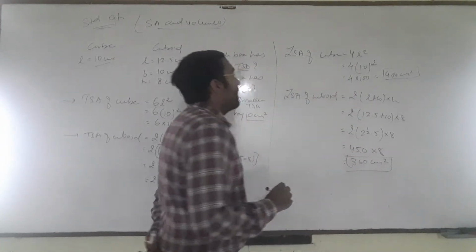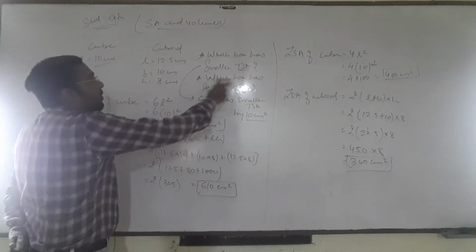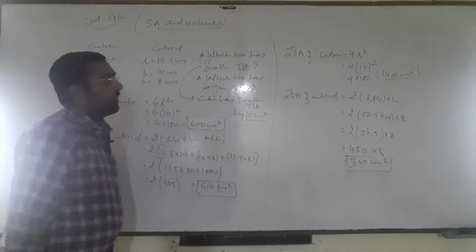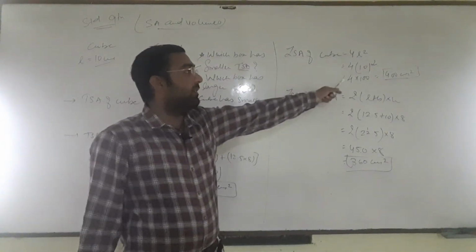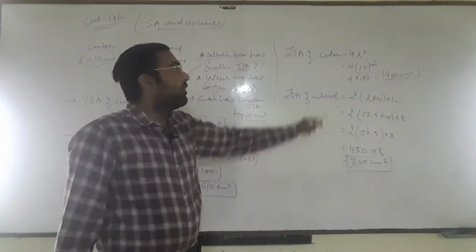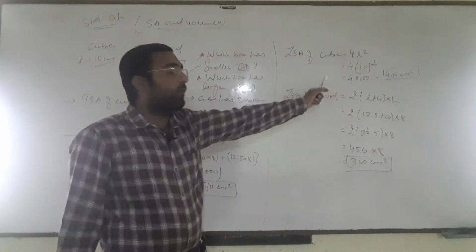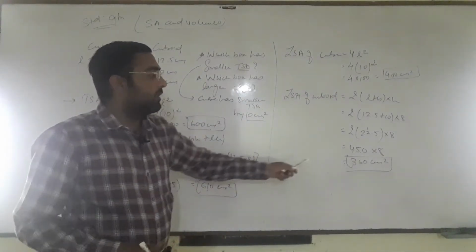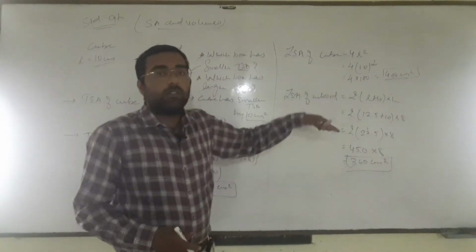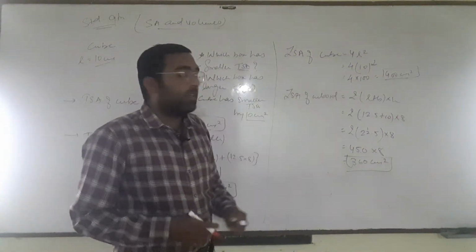Now which box has a larger lateral surface area? My answer is cube. Cube has a larger lateral surface area than the cuboid. Cube has 400, and cuboid has 360. So there is a difference between them of 40 centimeter square.